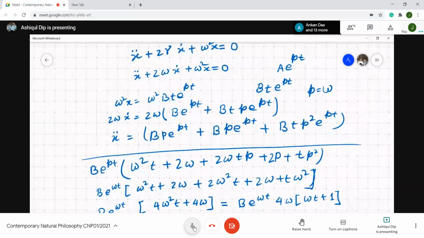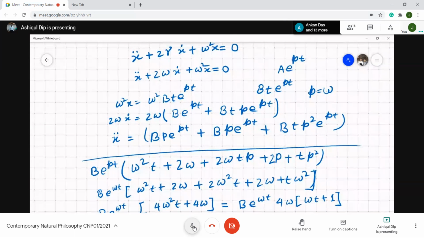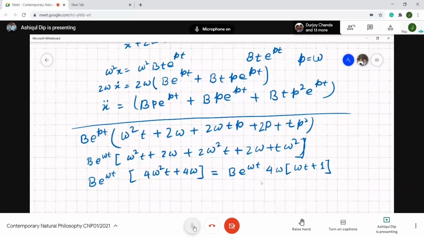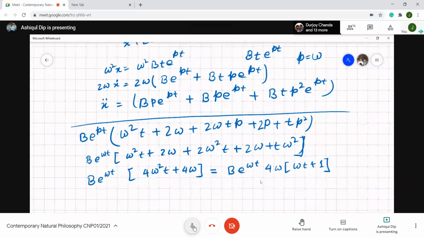There shouldn't be any T to begin with. But why could we consider omega square t plus 2 omega t p plus t p square as 0? Yeah, that's what I was trying to use.